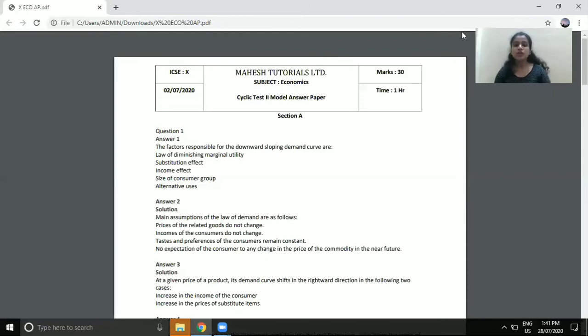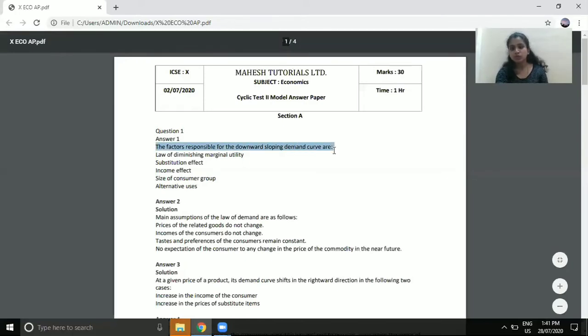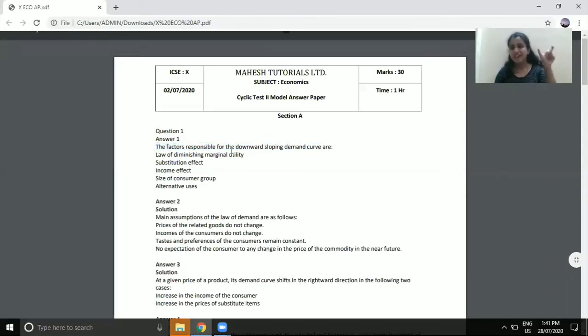So starting with the first question, that is question 1A. The question asked is, what are the factors responsible for the downward sloping demand curve? So for such kind of questions, you do not just start writing the factors. You take the words from the question and you write, the factors responsible for the downward sloping demand curve are, and then write any 2 factors of your choice, write the heading and explain those 2 factors.